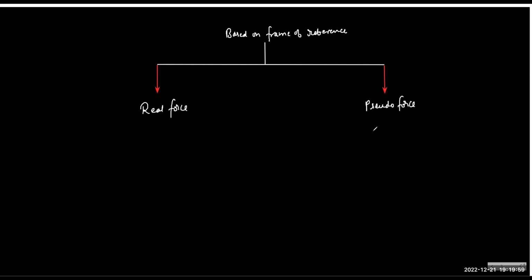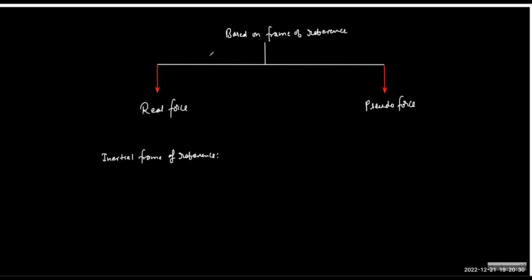And these forces came into picture because of the change of frame of reference. So we have a frame called the inertial frame. So what is the inertial frame of reference?